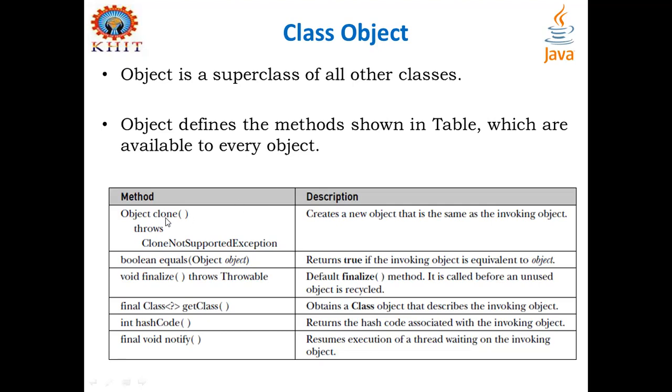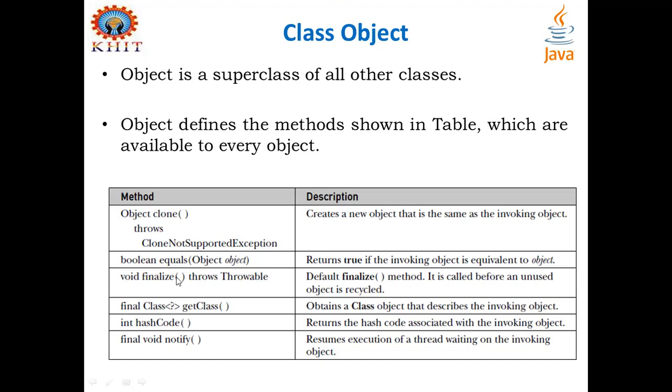So clone is one of the methods defined there. It throws CloneNotSupportedException, and it creates a new object that is the same as the invoking object. To whichever object you call this method, it returns the same type of object.